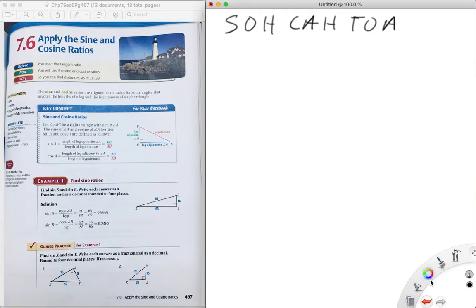When we talk about sine, as it pertains to right triangles, it's going to be opposite over hypotenuse.